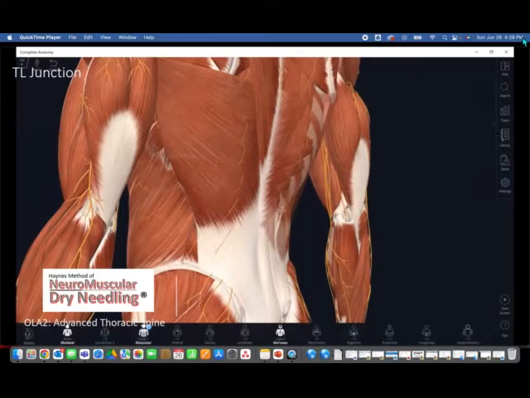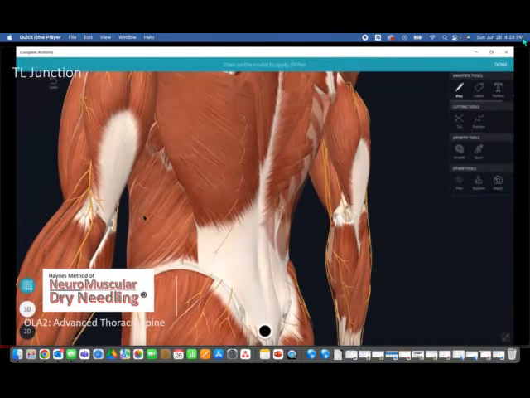We can use a pincer grip and pinch those muscle fibers together, and then, in the side-lying position, we can needle. It's hard to see in a three-dimensional and two-dimensional view, but we'll thread through that tissue from posterior to anterior, or if we happen to be on the anterior side, anterior to posterior, just making sure that it's tangent to the body as well.